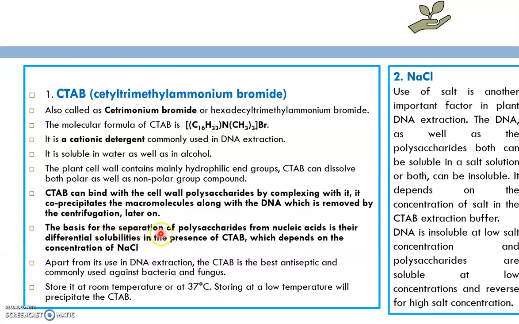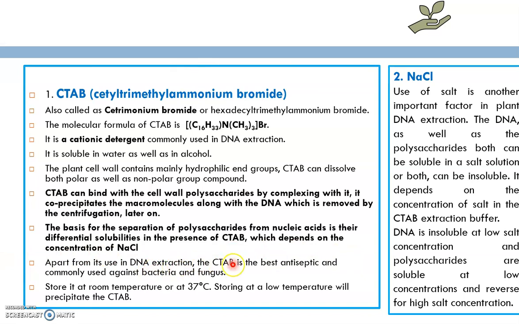Please note, CTAB is the main compound which is used to complex the polar and non-polar compounds present in the plant cell wall. Another important molecule is NaCl. The complexes which are formed by the CTAB are further separated out by their differential solubilities in the presence of CTAB, which depends on the concentration of NaCl.